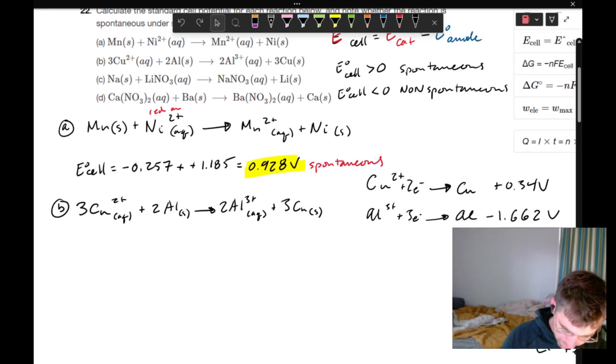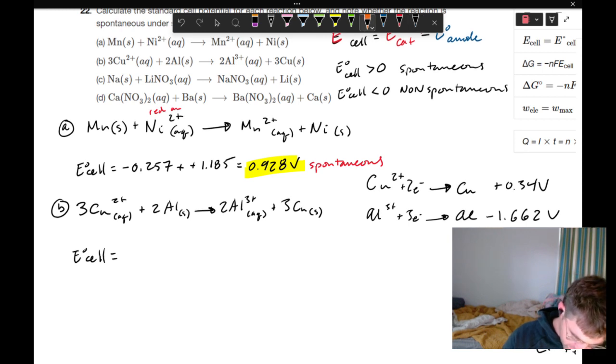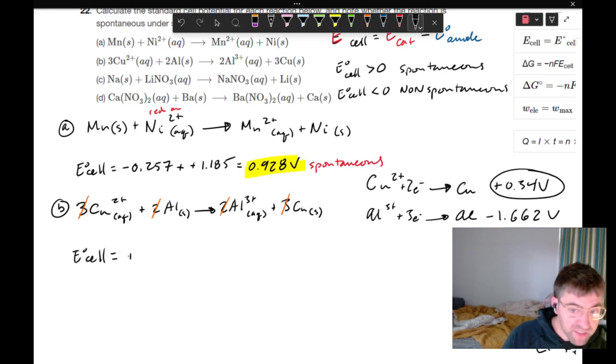So our E naught cell, and again, we're not worried about the stoichiometry here, so we can just ignore all these numbers. We don't need them. E naught cell equals the standard half cell potential for the cathode, which is plus 0.34, minus the anode.